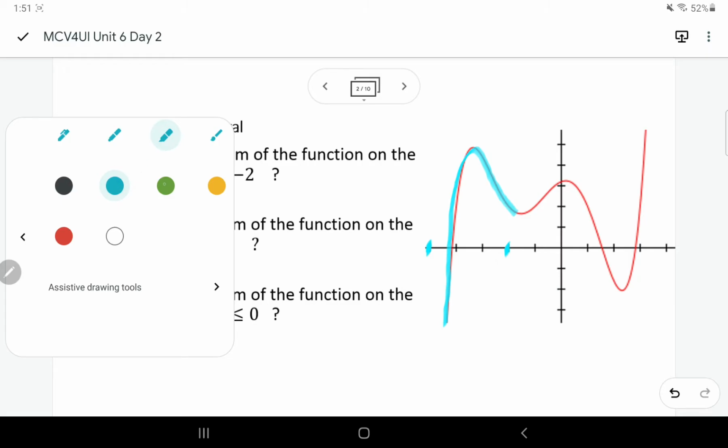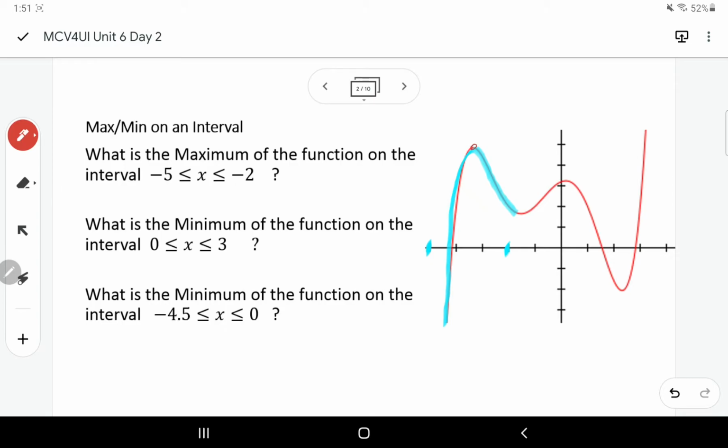The maximum would be here at that point. So the max is y equals 5. That's the maximum value that happens in that interval.